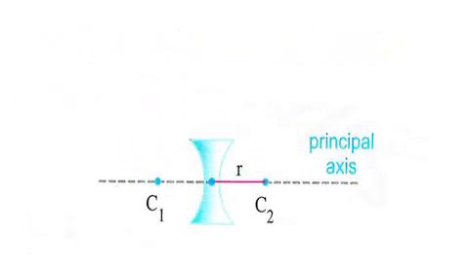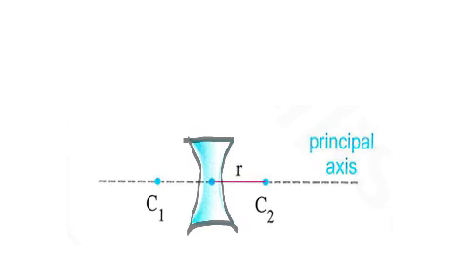Dear students, let me take you to another concept in our lesson. Which kind of lenses do you see in this figure? I can hear your answers. The lens here is thin at the middle, thick at the two tips, so it's a concave lens.